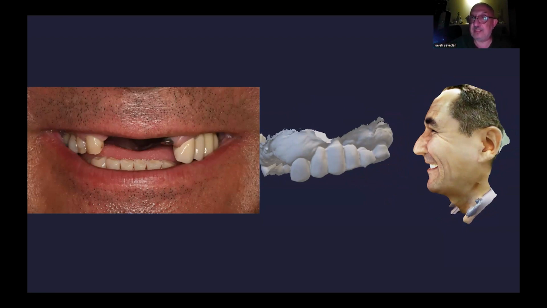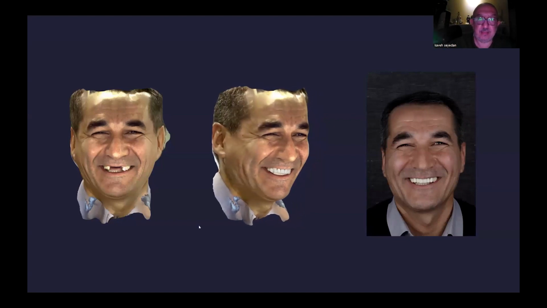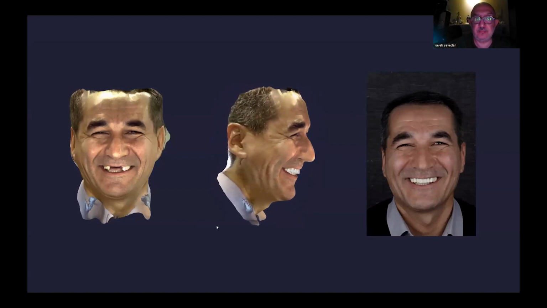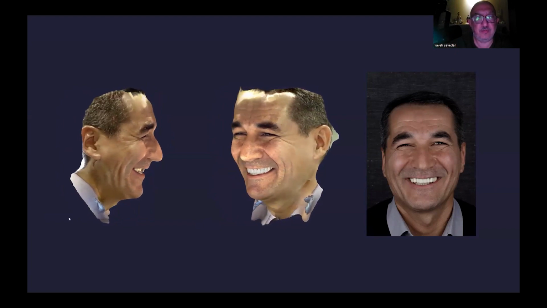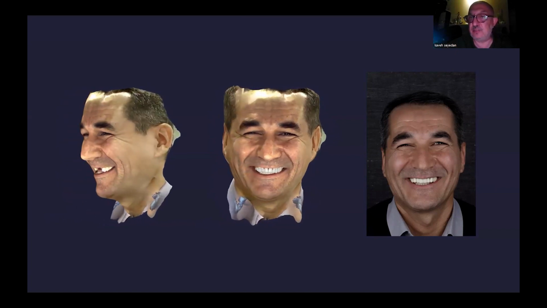So, with the help of this face scan, I designed a smile design with the software itself, and I exported it to the exocad as well, before and after. And this is the final restoration with the help of this face scan.